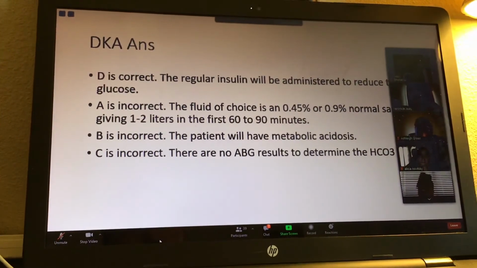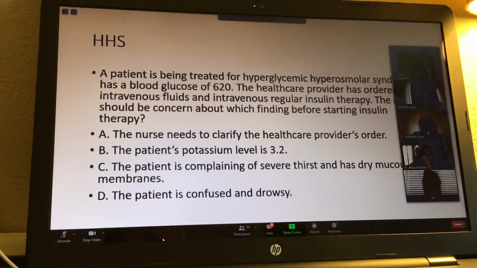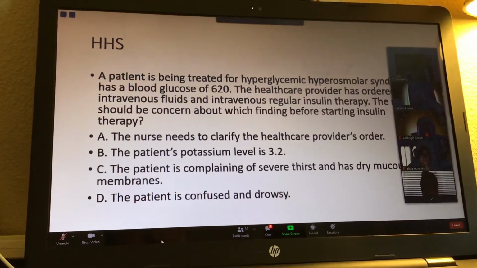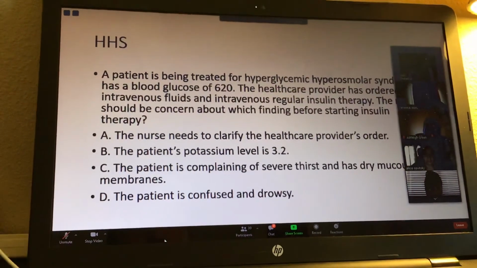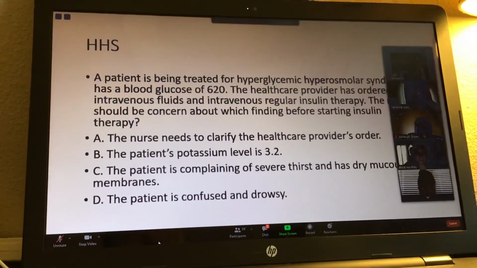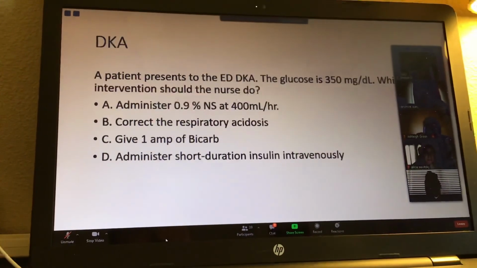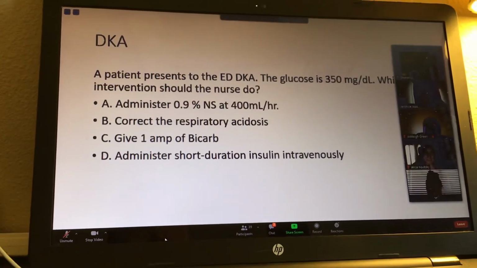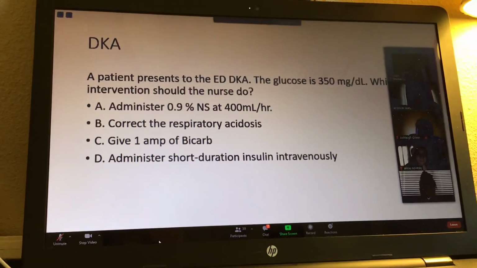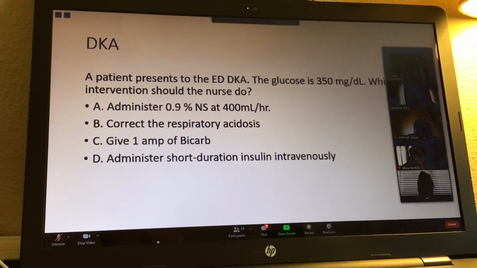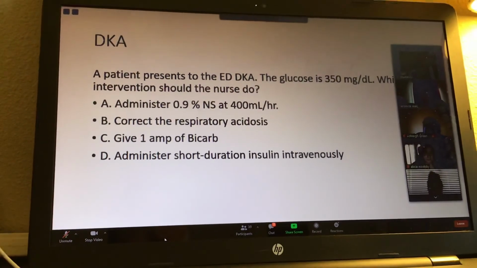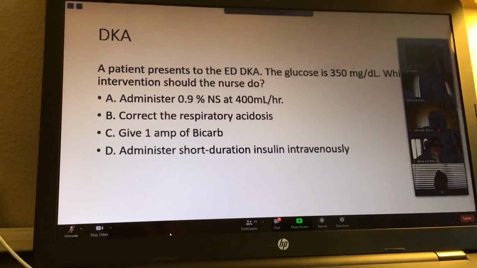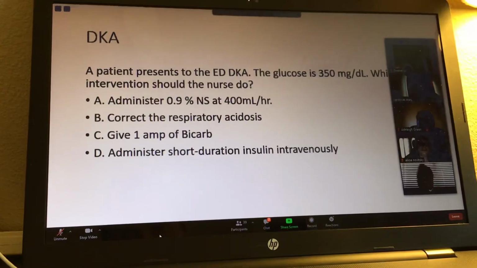I need to go back to the question. That's not the same question. That's the next question, right? So it went down. That's where I want to be. The mother said, I don't know how I came up with that answer, but okay. So it's 350. All right. Corrective respiratory acidosis is given amplified card. Not sure why I said that. But anyway, D is the correct answer.